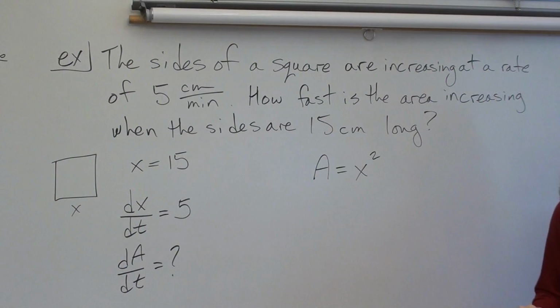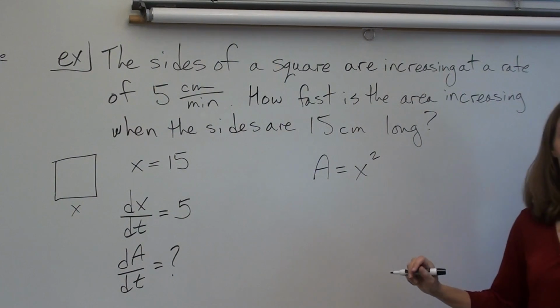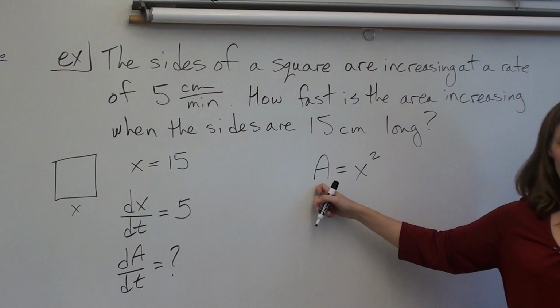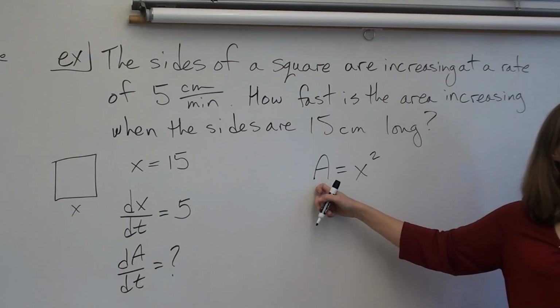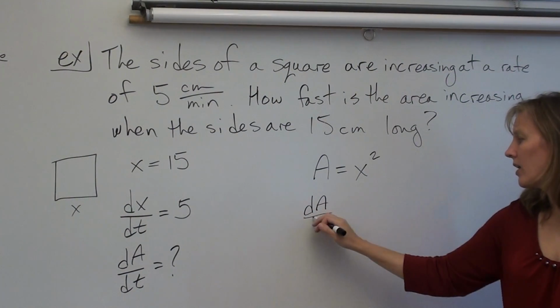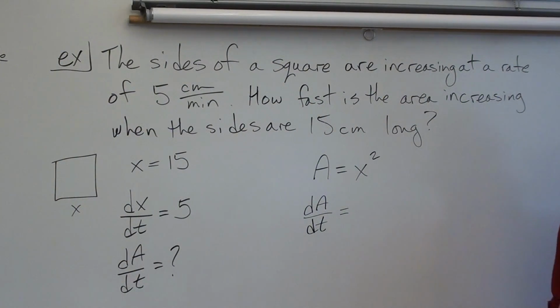Number 5, we differentiate with respect to t. Oh, how fun, it's implicit, right? I'll get you started. The derivative of A with respect to t is 1 dA/dt. Everyone take a second and write the derivative of x squared with respect to t.